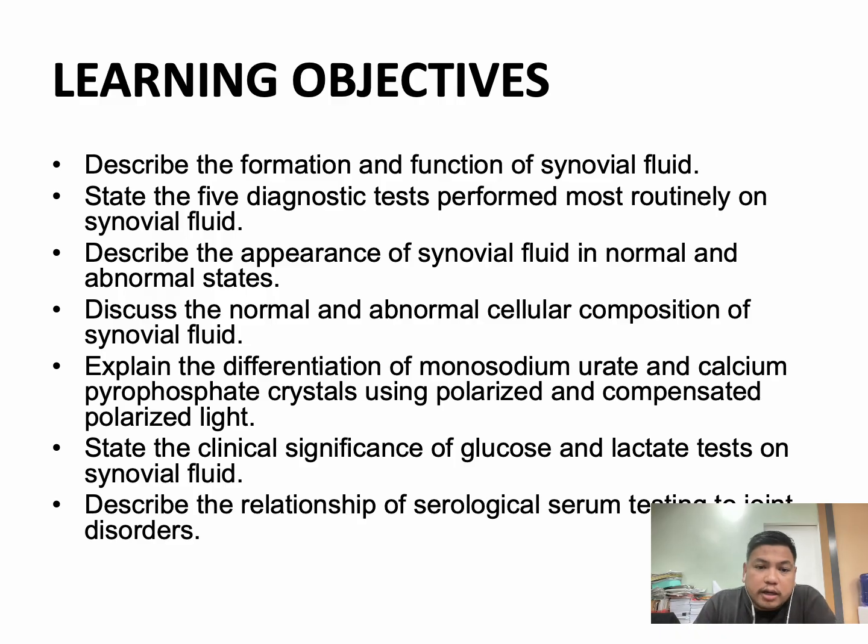Now, for our learning objectives, we need to describe the formation and function of our synovial fluid, state the 5 diagnostic tests performed most routinely on synovial fluid, describe the appearance of synovial fluid in normal and abnormal states, discuss the normal and abnormal cellular composition of synovial fluid, explain the differentiation of monosodium urate and calcium pyrophosphate crystals used in polarized and compensated polarized light.